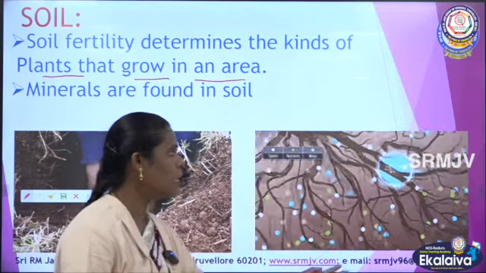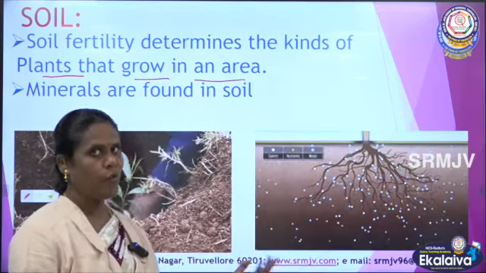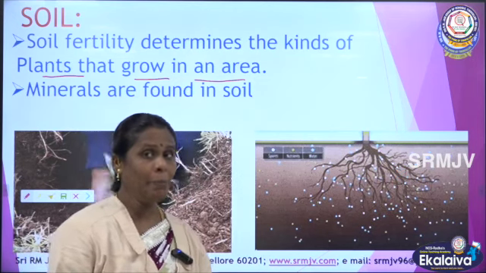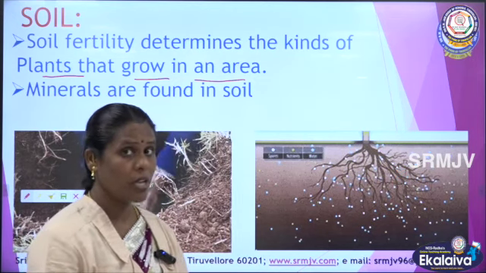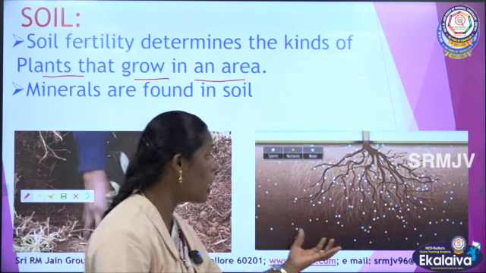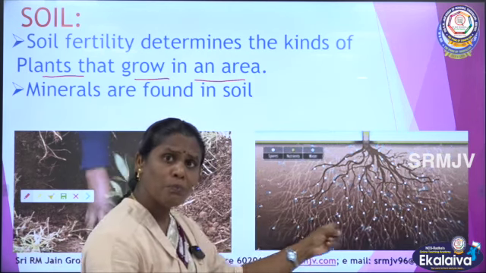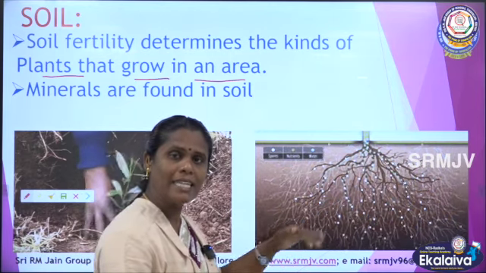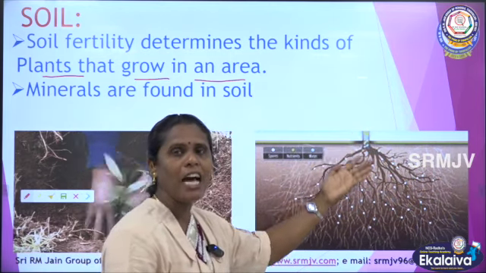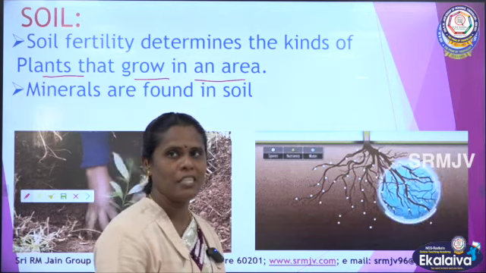Many minerals are found in the soil, for example iron, manganese, copper, zinc. These minerals are present inside the soil. The roots absorb the minerals and transfer them to the other parts of the plant.